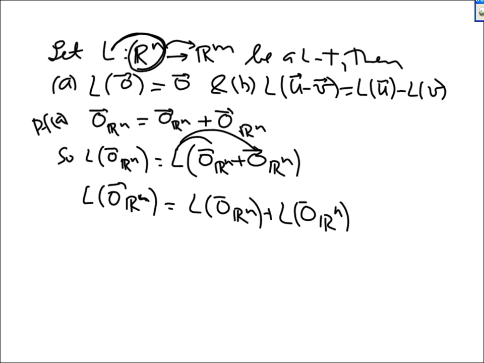Each of these vectors L of 0 is in Rm. When you take L of anything in Rn, of course, you are going to get something in Rm.